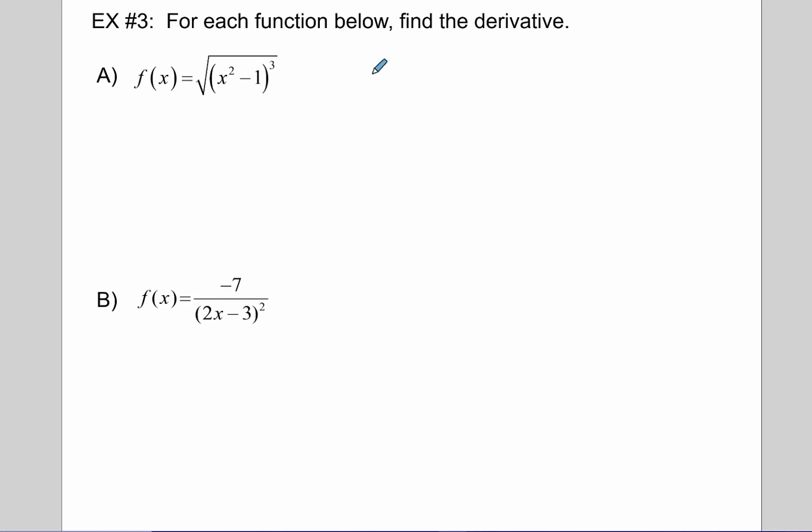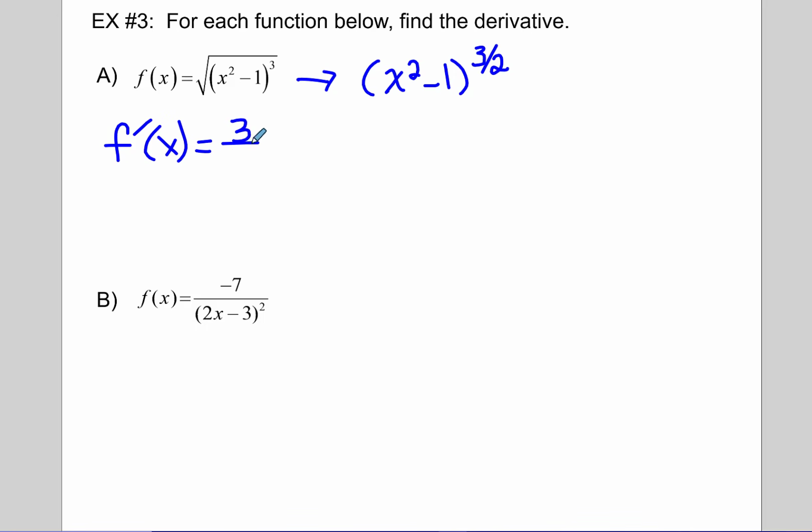So here, in this case, it might be easier if we rewrite f of x as x squared minus 1 to the 3/2 power. And then notice here's the inside, here's the outside, and find our derivative. F prime is 3/2, and hold the inside function steady. Take 1 off this power.